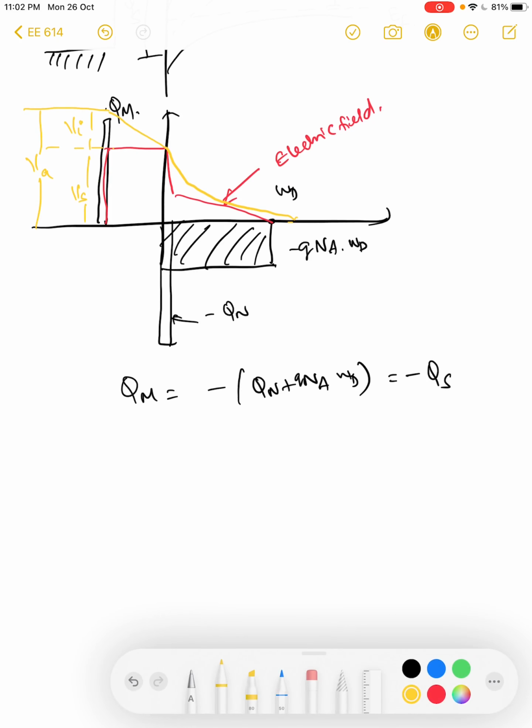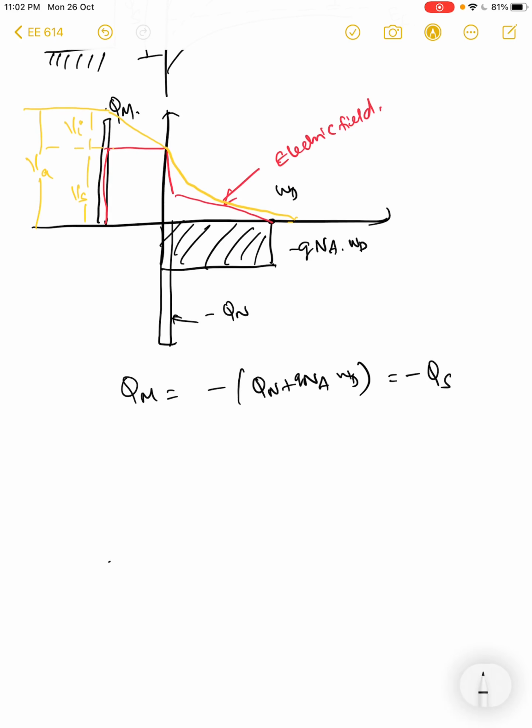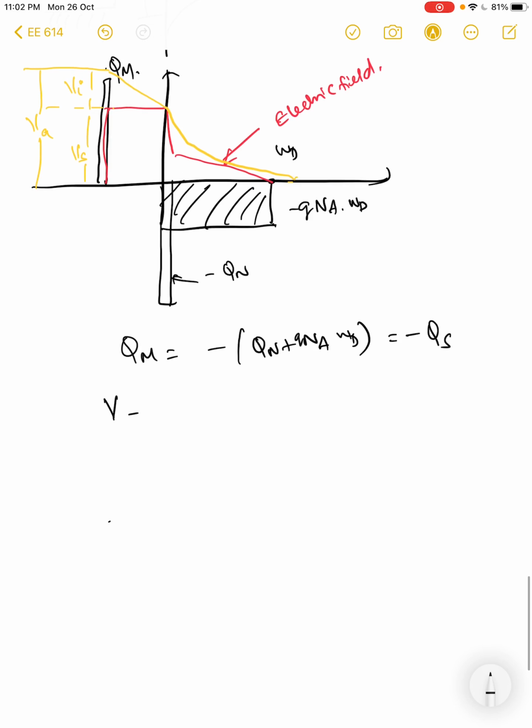So from the Poisson's equation derivation that we currently saw, the total applied voltage will be V on the insulator plus psi s, that is the surface potential, right? So this is psi s, as we currently saw, right?